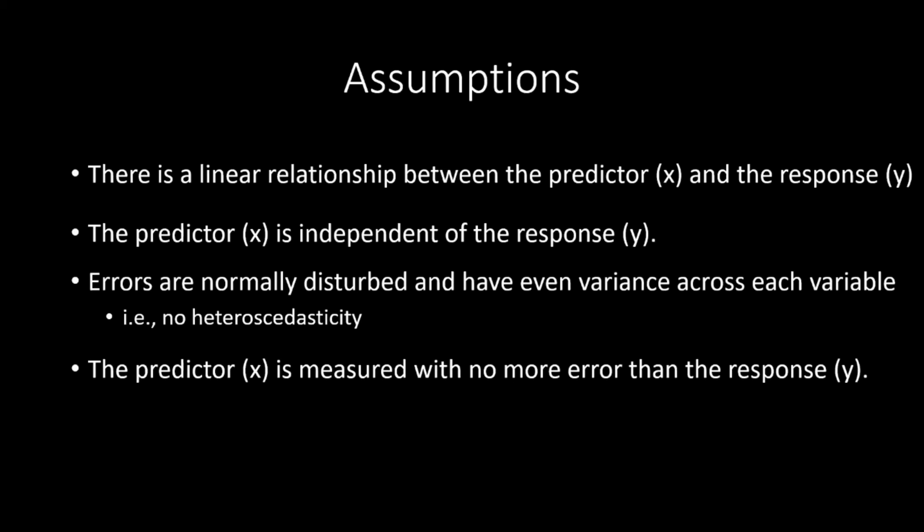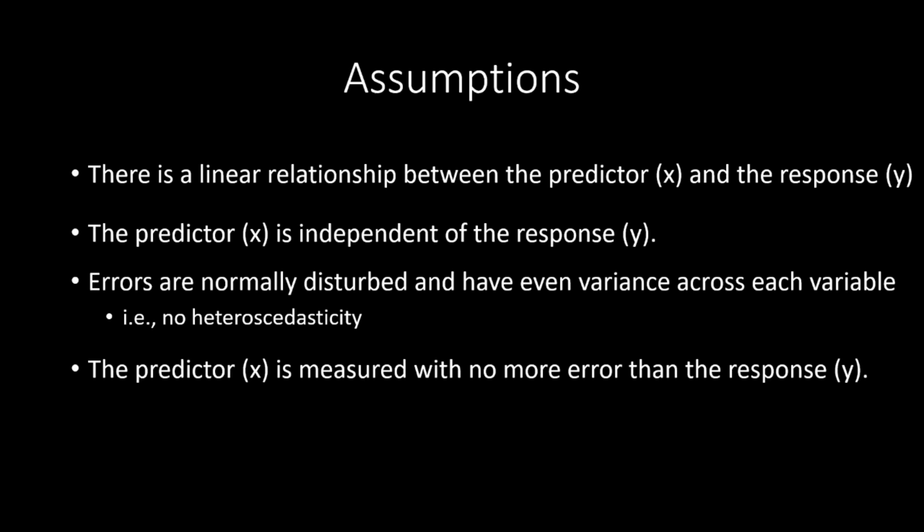This model makes some assumptions that we need to ensure our data meet in order for the model to tell us something useful and representative. First, the model assumes that there is a linear relationship between the predictor on the x-axis, also known as the independent variable, and the response on the y-axis, also known as the dependent variable.